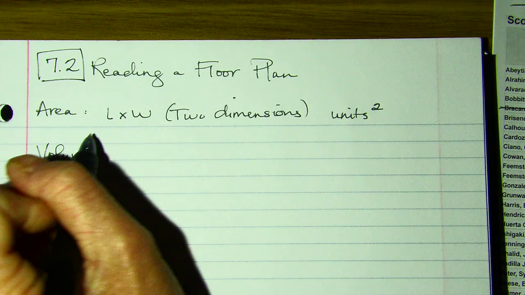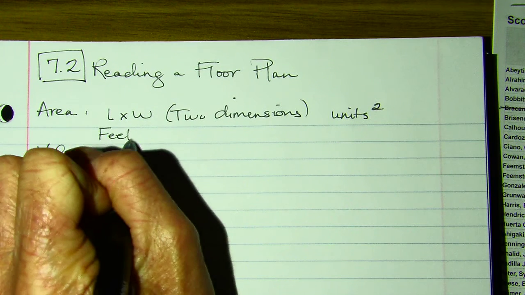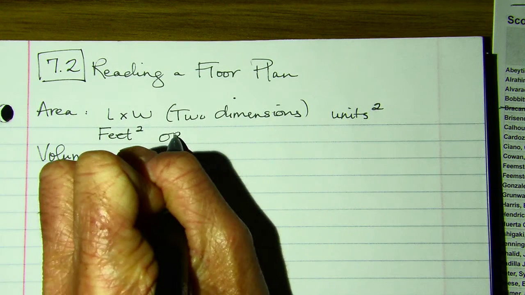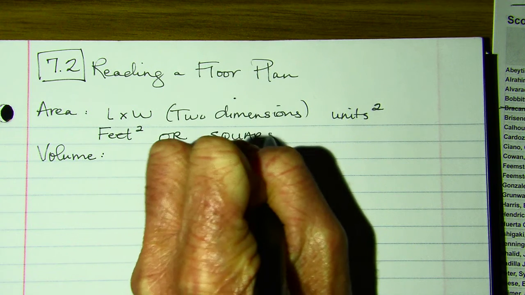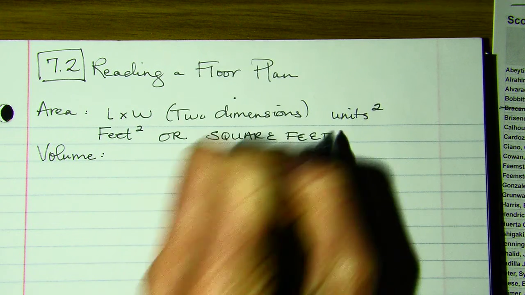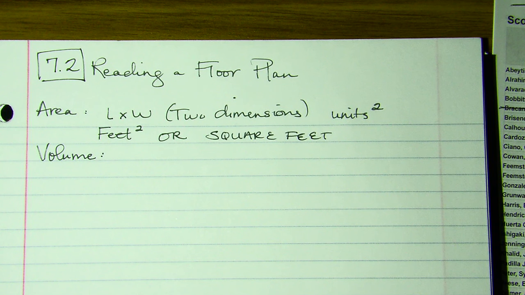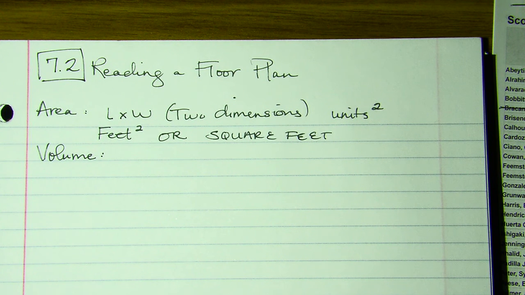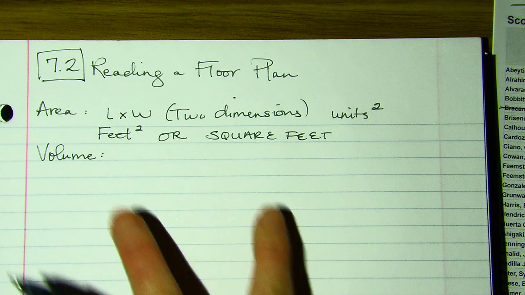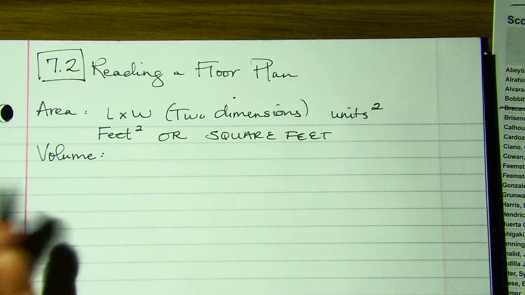For example, it could be feet squared, or more commonly, square feet. So when they measure a house or an apartment, or even just your living room, instead of saying it's 32 feet squared, you would say it's 32 square feet. It's just a matter of pronunciation, but please know that they both mean the same thing.